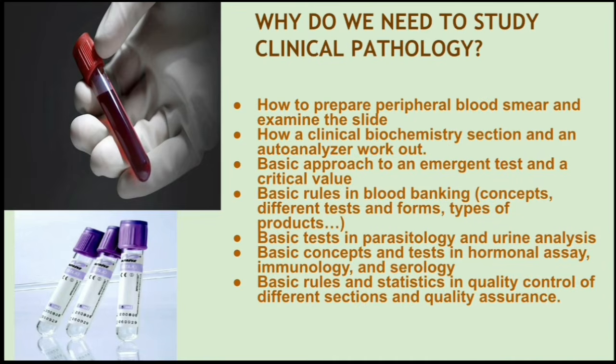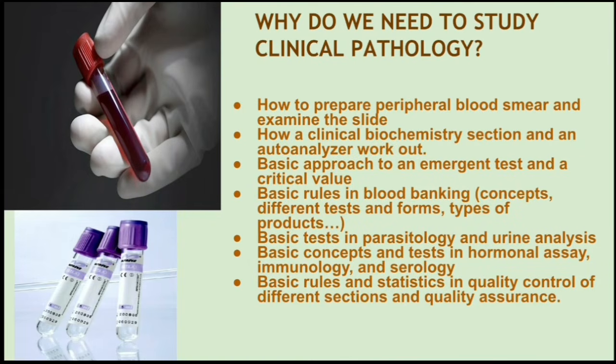Then the basic approach to an emergent test and a critical value. Whatever tests or critical values come to the lab, how are you going to handle those reports, how are you going to approach it, that is learned under clinical pathology. Then basic rules in blood banking: concept, different tests and forms, types of products. What are the rules followed in a blood bank, we'll be studying under clinical pathology.